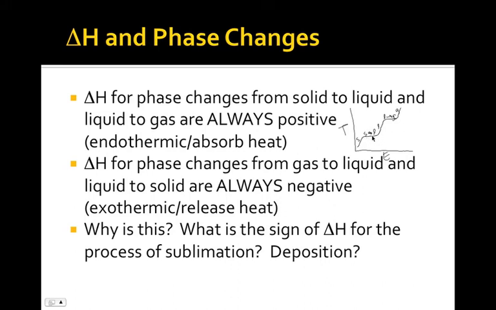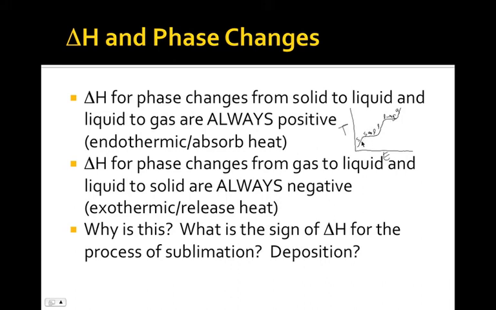The reason that it flatlined at the phase changes was because, instead of the energy being applied to just increase the temperature of the system, the energy is now going to overcome the intermolecular forces that were holding the particles in the solid, or here, overcome the intermolecular forces holding the liquid together and allow it to completely escape into the gas phase.